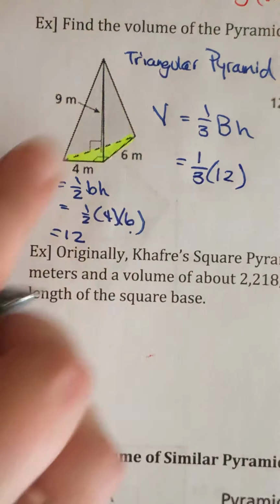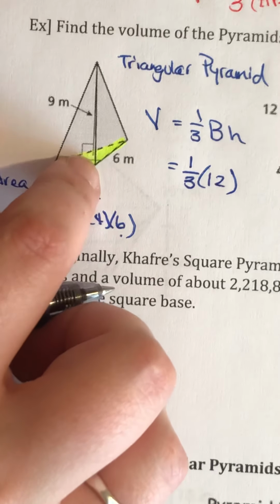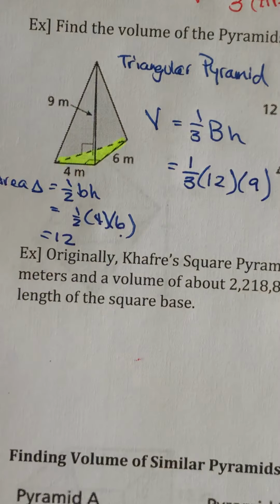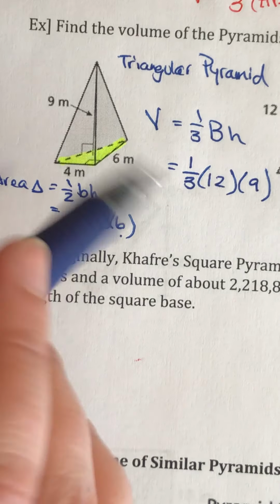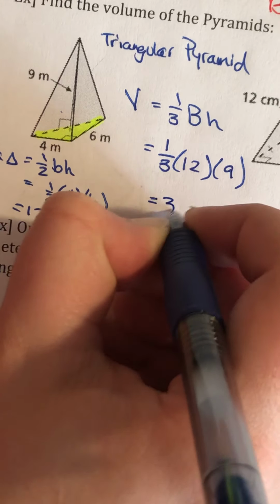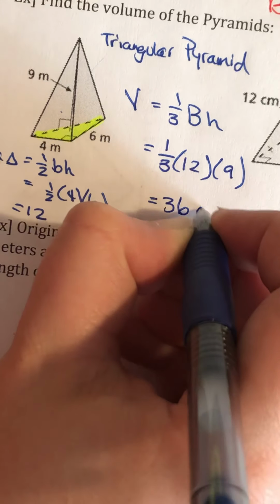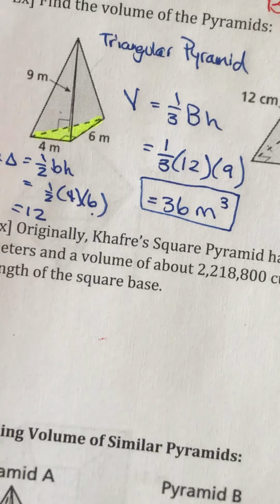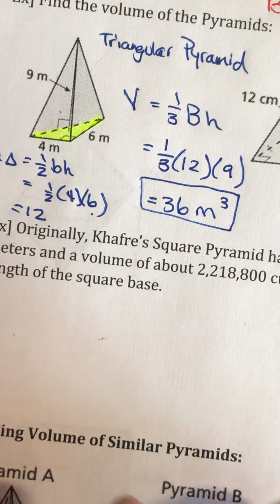It would be 12 meters squared. And then the height right here in the middle is 9. So you multiply 12 by 9 divided by 3, and you get 36. It's volume, so we want to cube the units. So that's finding the volume of a triangular pyramid.